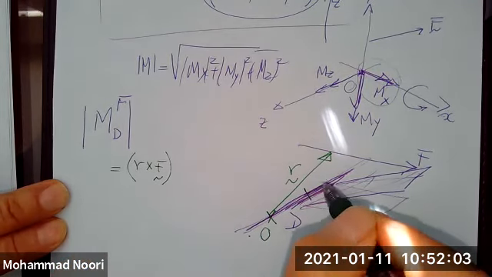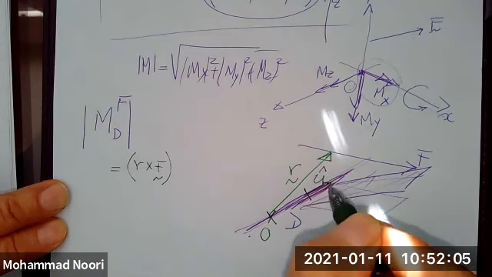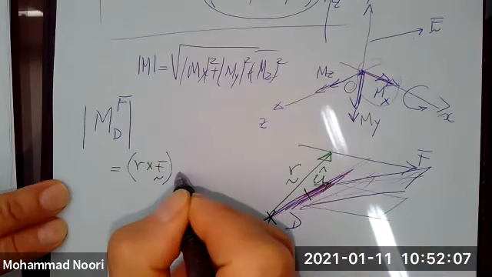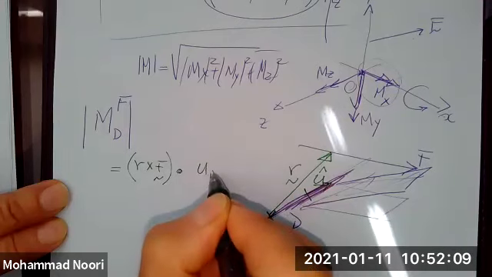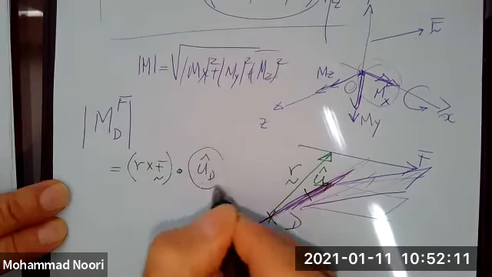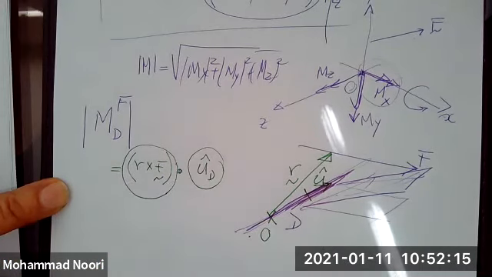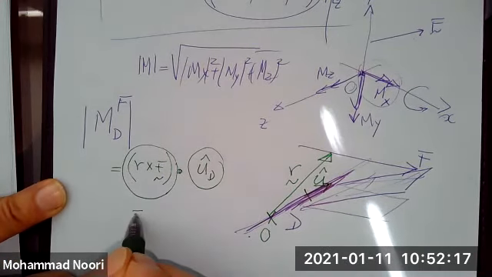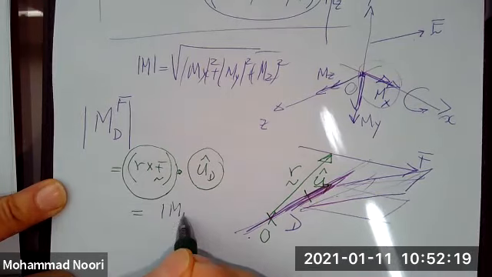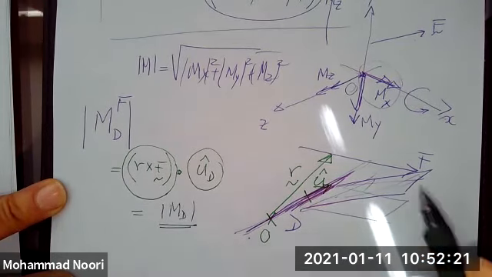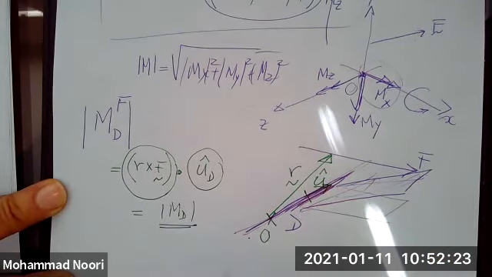Then you set up the unit vector equation for this axis and find the dot product of that unit vector and this vector. The outcome will be a number, and that is the moment of this force about this axis D.